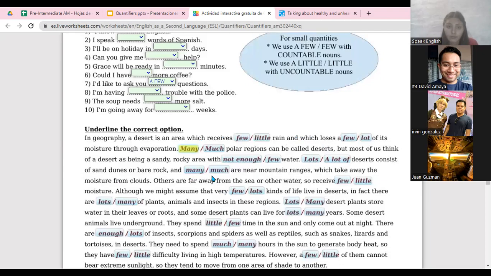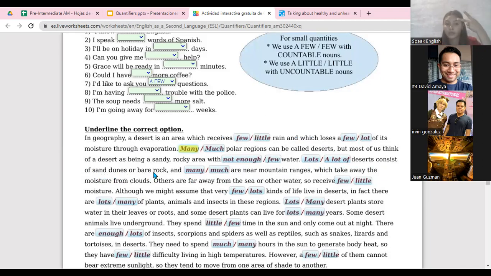Deserts consist of sand dunes and bare rocks, and many are near mountain ranges. So we are talking about sand dunes and bare rock.